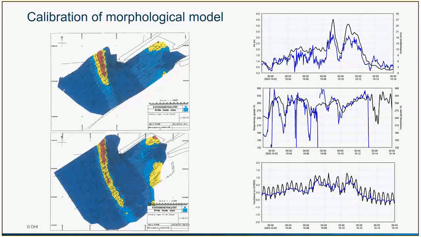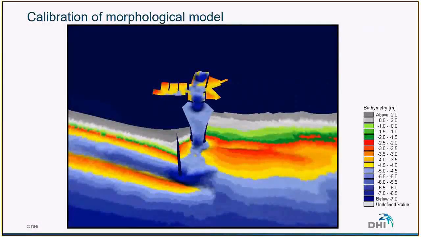So that was very strong wave. And as we can see on the two bathymetry surveys before and after the storm, the sandbar has been migrating quite a lot during that storm. So that's what we were aiming at when calibrating the model.